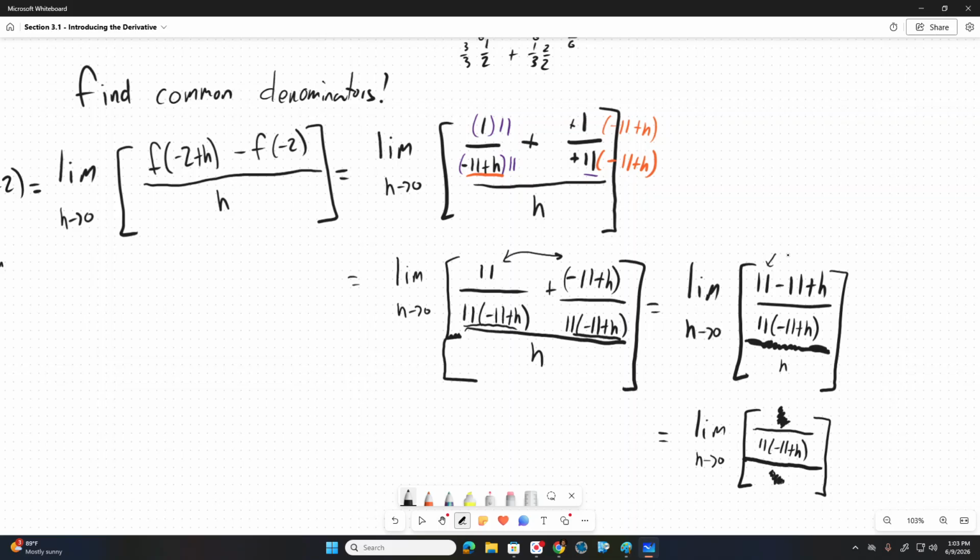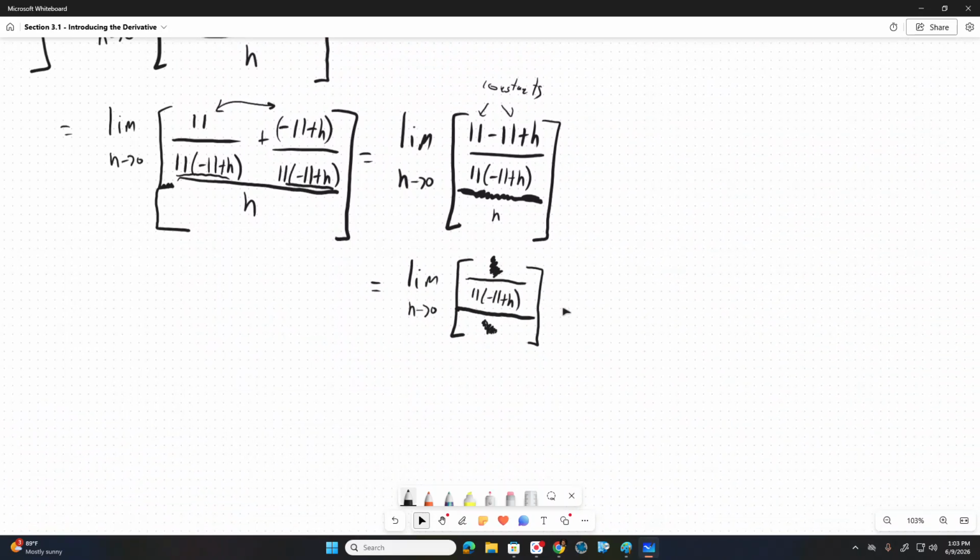Notice our constants cancel, leaving me an h to cancel with the bottom. Now I have something that is, for this value, continuous, and I can just plug in. And I get 1 over 11 times negative 11 plus 0, or 1 over 11 times negative 11, negative 1 over 121.